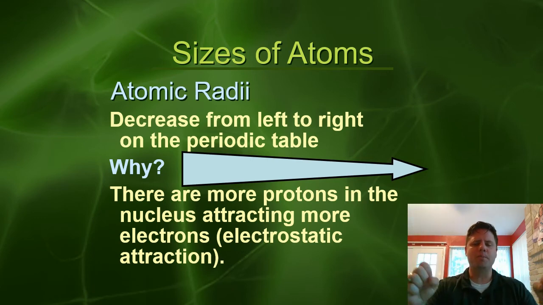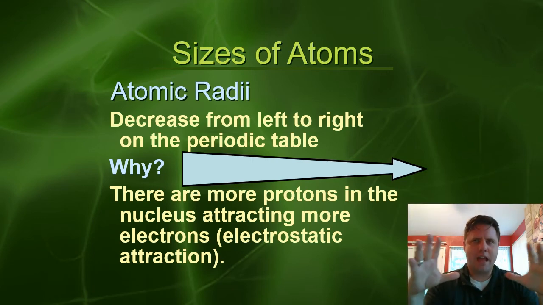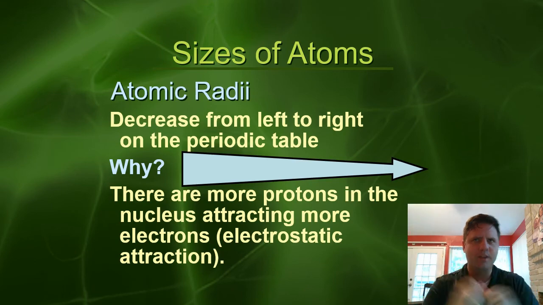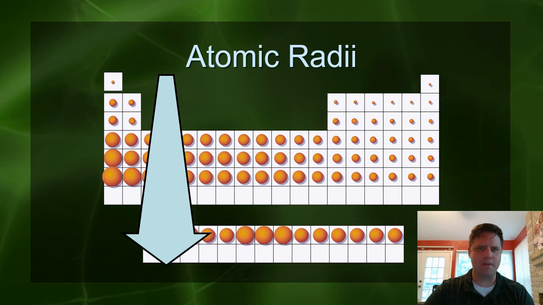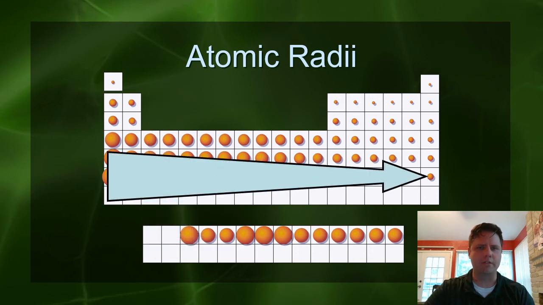And so as you move from left to right across the periodic table, it actually decreases the size of the atomic radius. So this is kind of a depiction of that. As we travel down the periodic table, notice that the size of each of these atomic radii is getting larger as we move down. As we move across the periodic table, we notice that each of these gets smaller as we move from left to right.